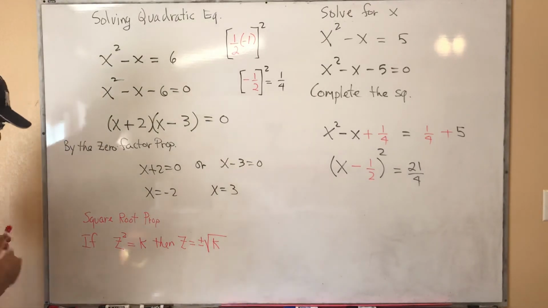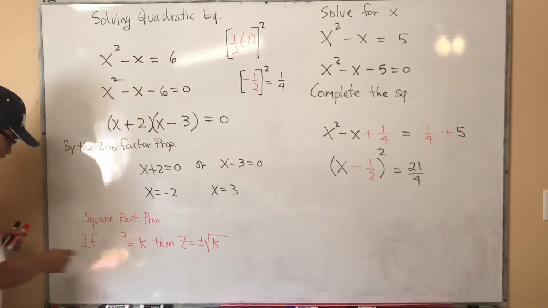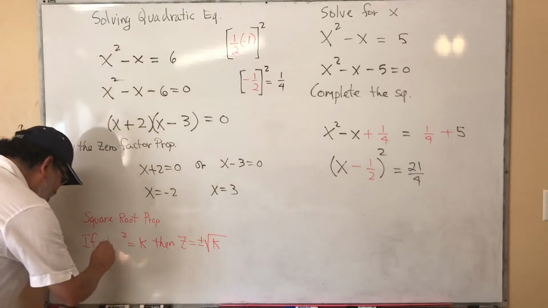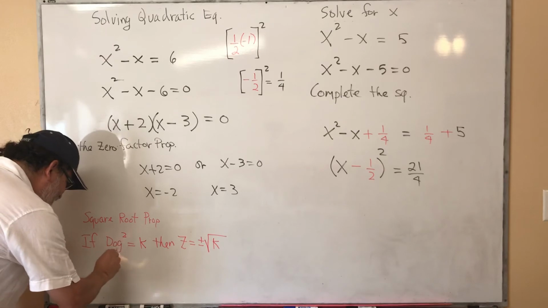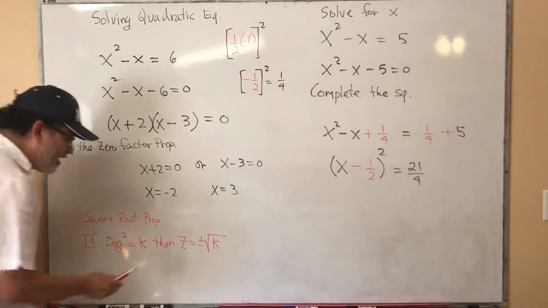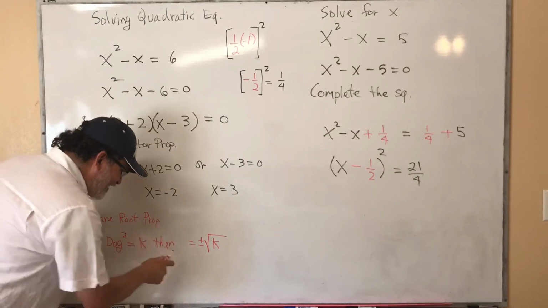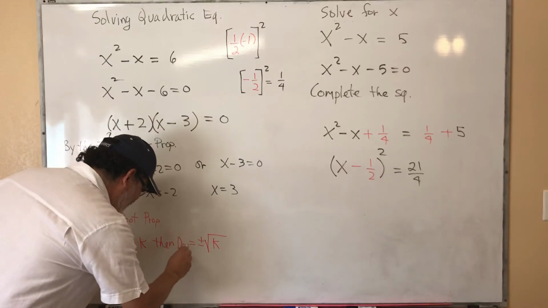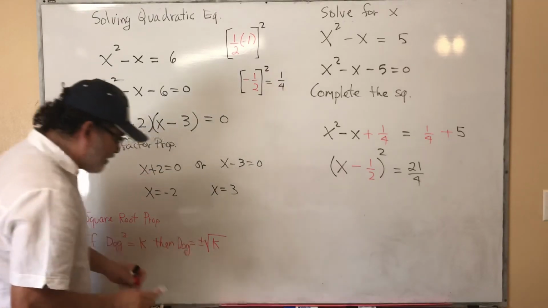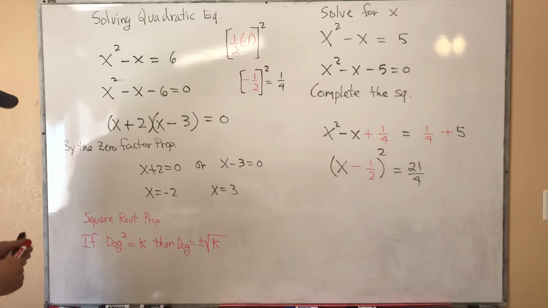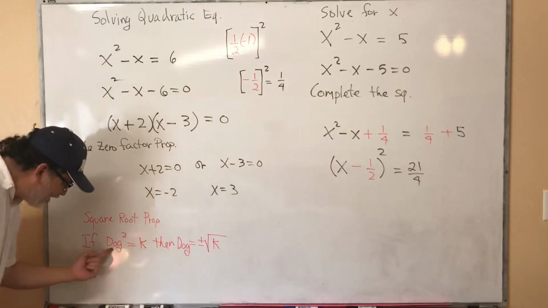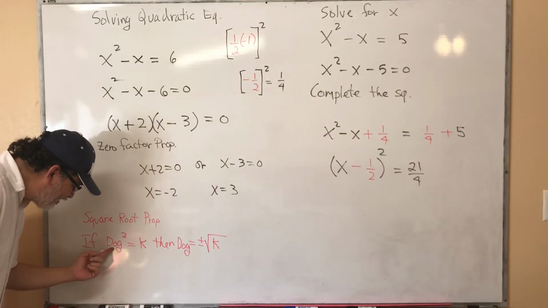Let me use dog. Okay. If dog squared equals k, then dog equals plus minus the square root of k. Why? Because dog is an expression.